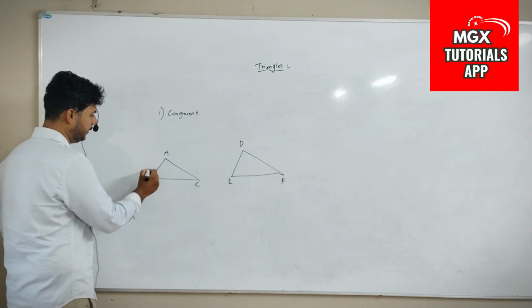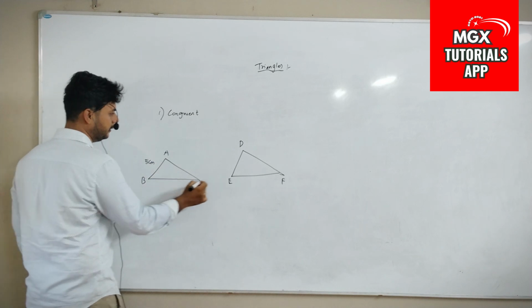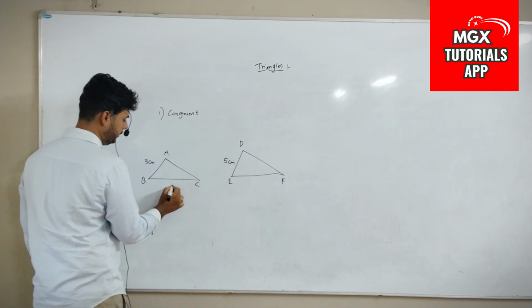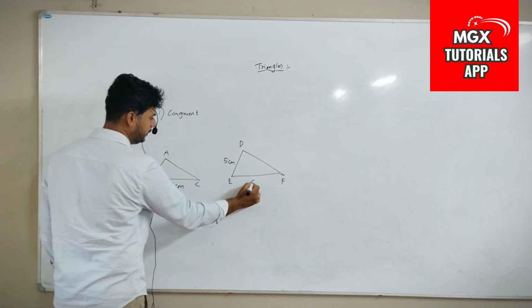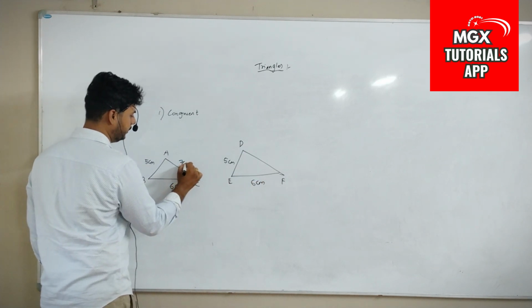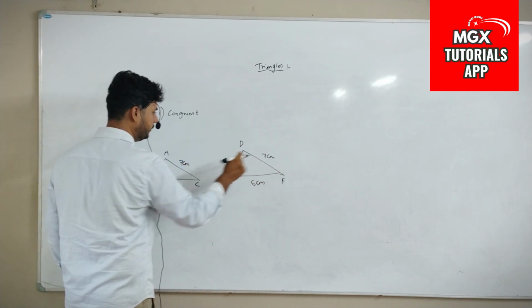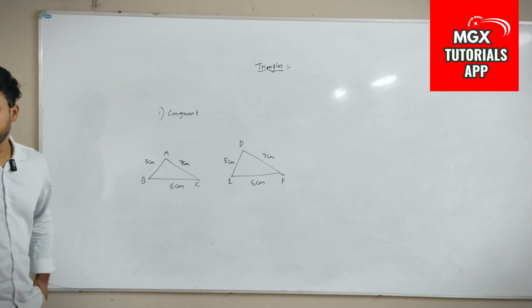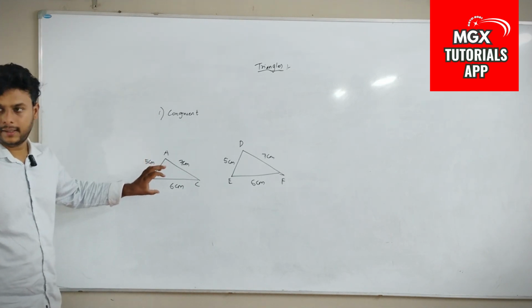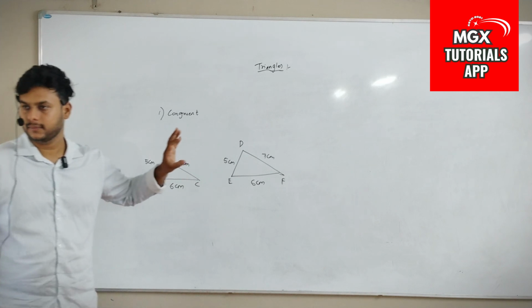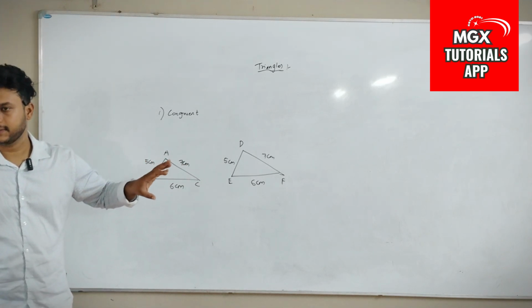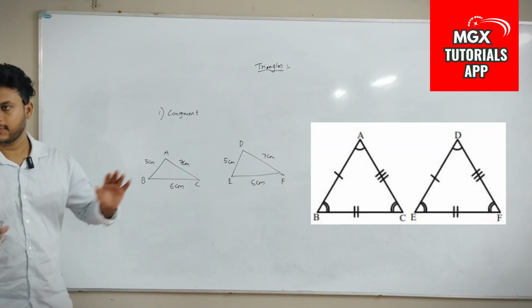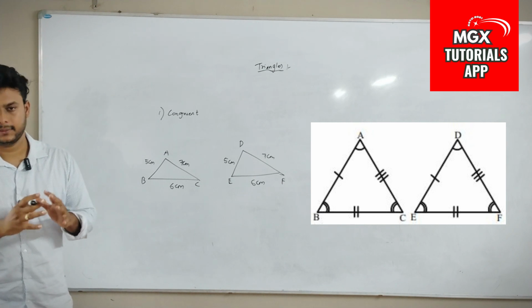Now, if AB is 5 centimeter, DE is also 5 centimeter, BC 6 centimeter, EF 6 centimeter, AC 7 centimeter, DF 7 centimeter. If I take this triangle and place it on this, exactly it will fit on, exactly it will overlap.